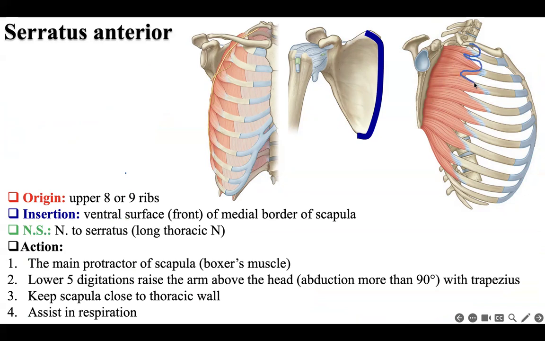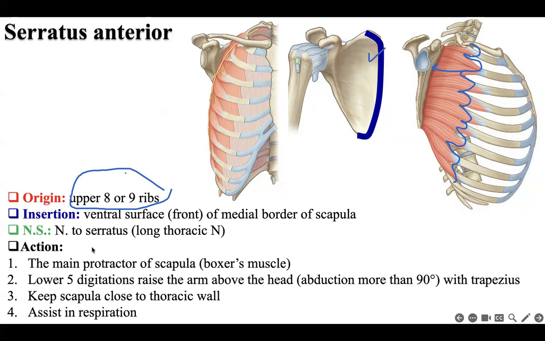If you see from the side view of the ribs, this is the serratus anterior, originating from the upper 8 or 9 ribs and inserted in the scapula behind. Exactly where in the scapula? The ventral surface of the medial border of the scapula.